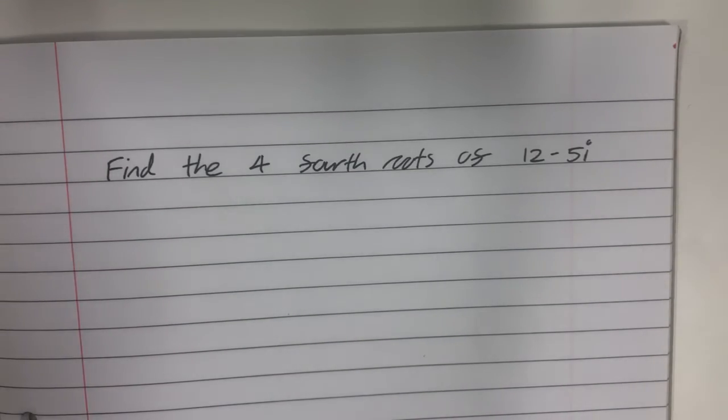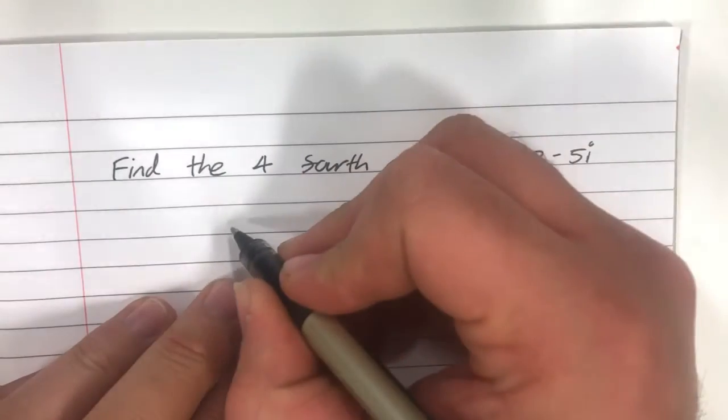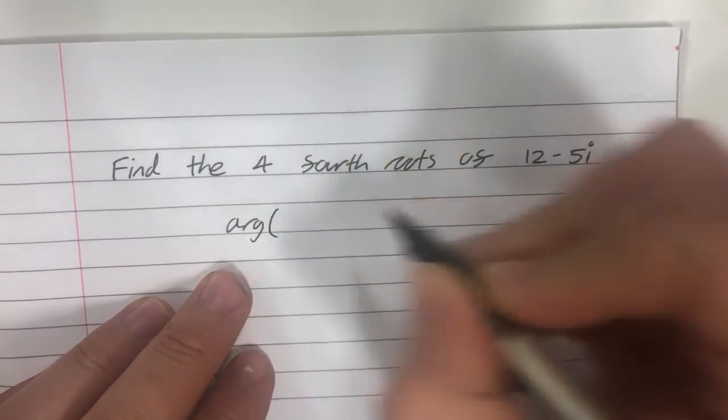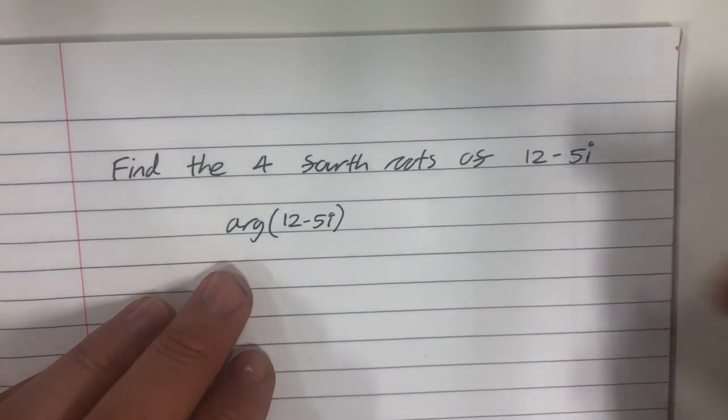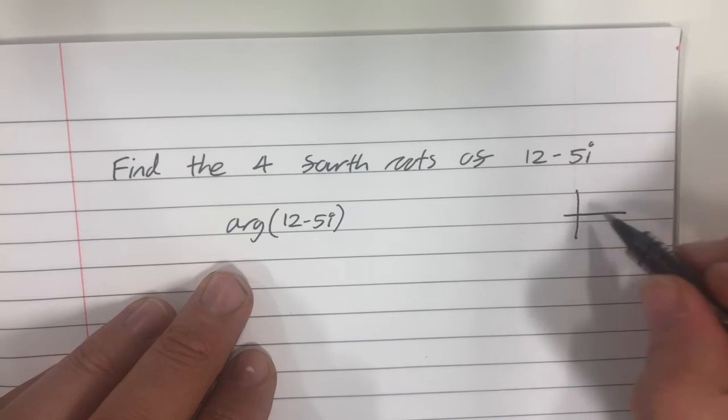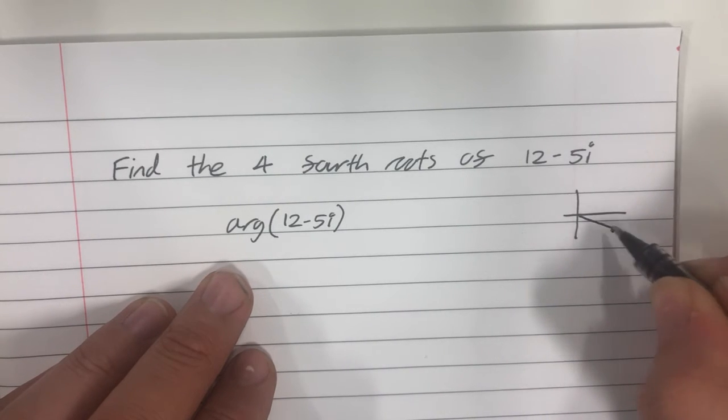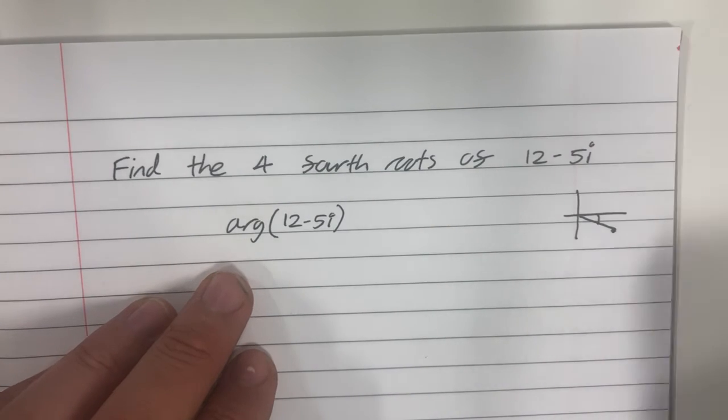And finally, find the fourth roots of 12 minus 5i. So again, calculate the argument of this. In this case, we are looking in this quadrant, so 12 minus 5i is down here, so my argument will be a negative acute number.